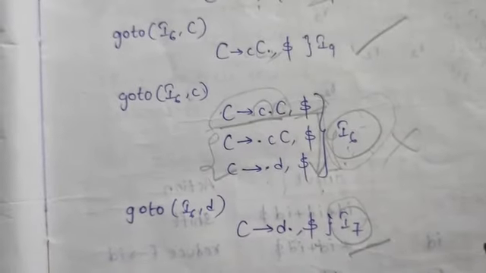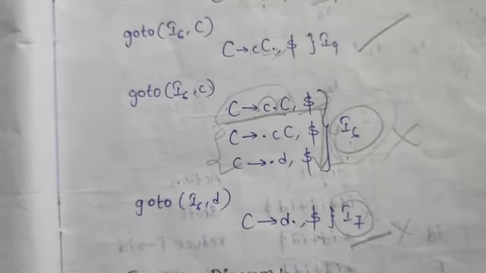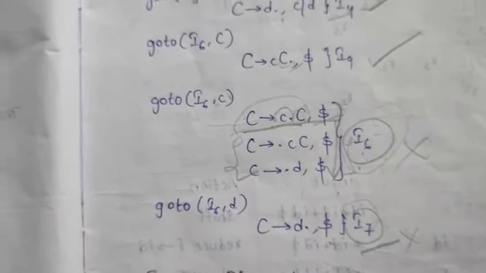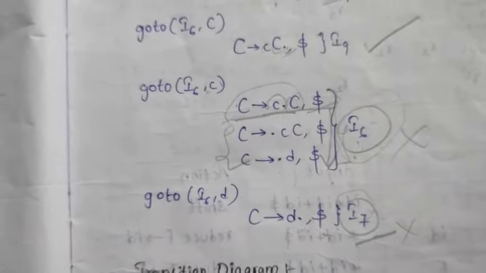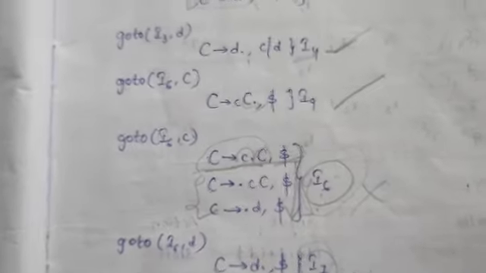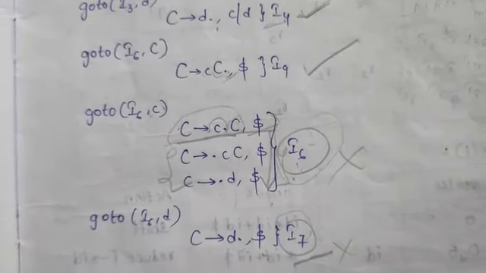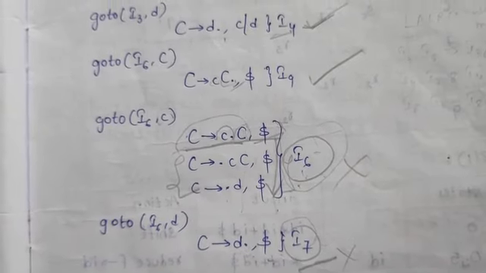Then in I7 the dot is moving to the end of the state, so there is no possibility of new productions to process. For that reason, this is the end of the state identification for the SLR parser.